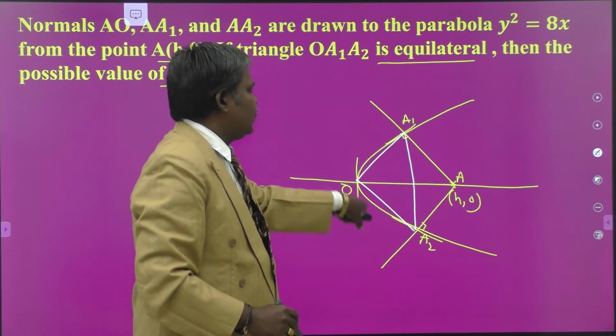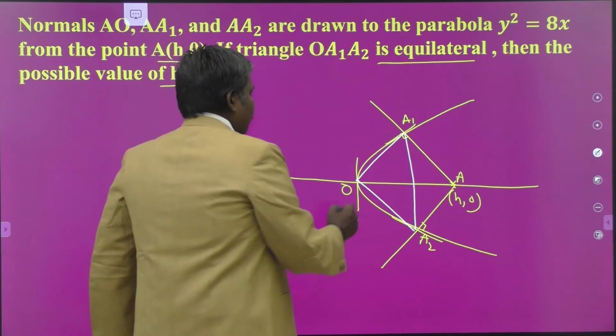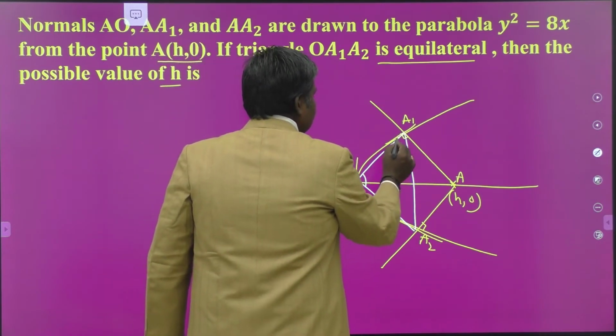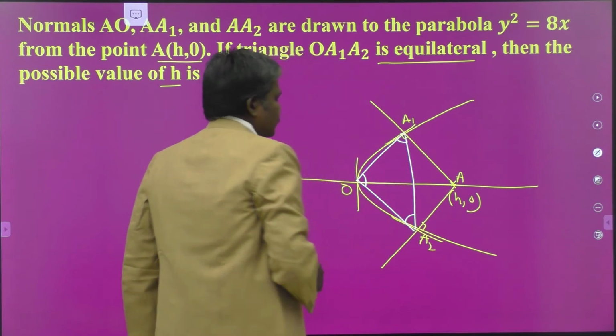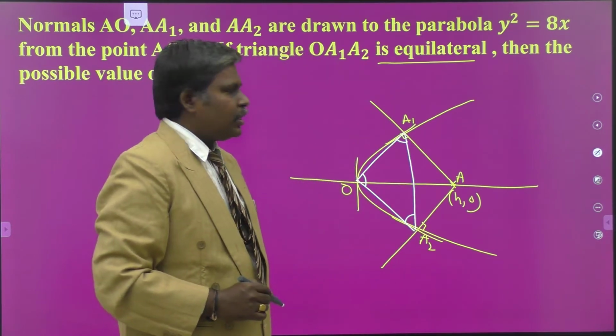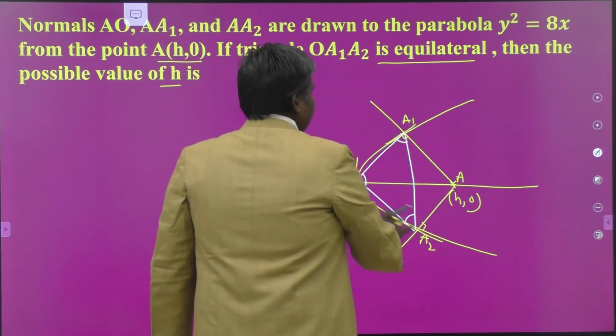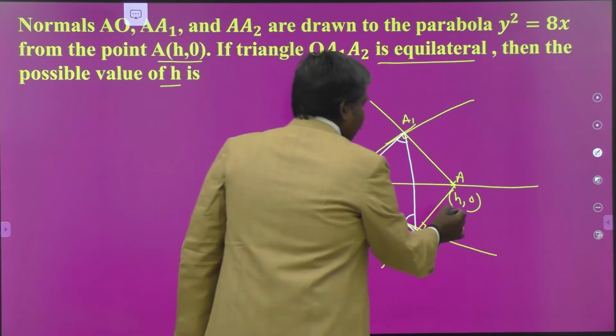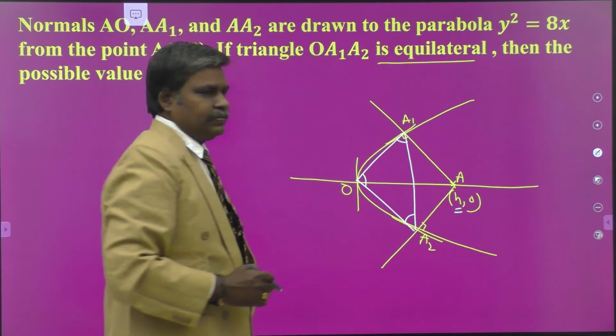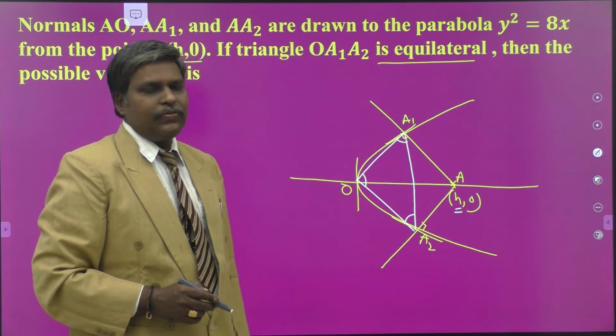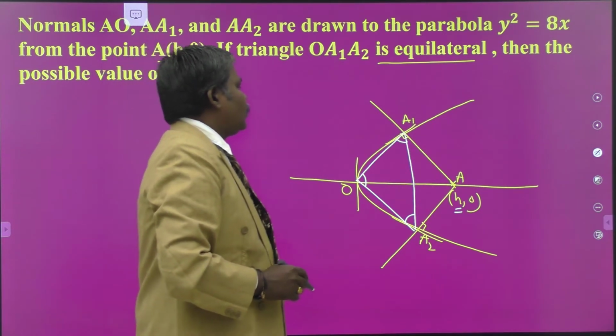This is the equilateral triangle, where the angles are 60, 60, 60 degrees. Understand? Now we have to find out the possible value of h.